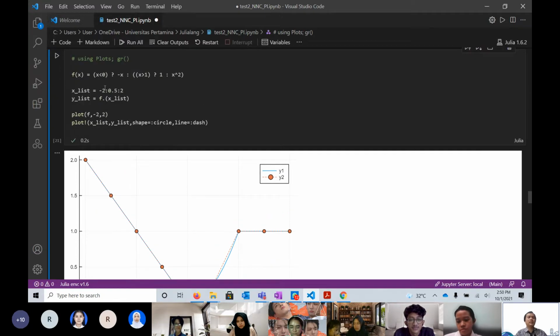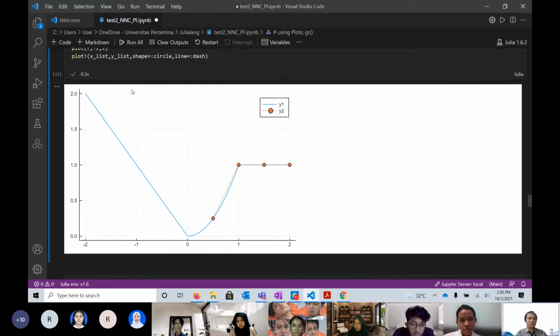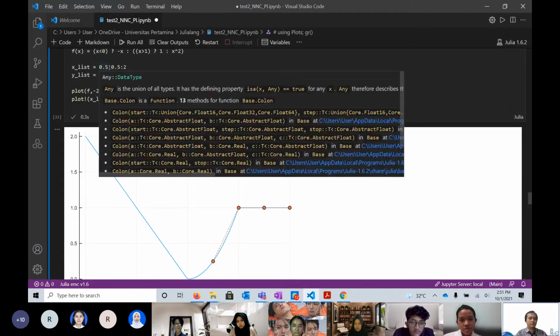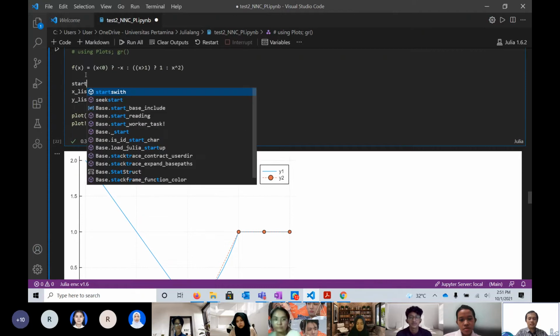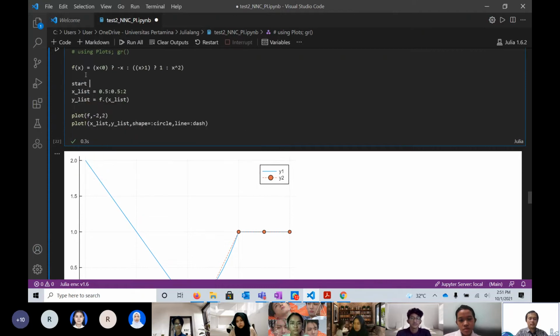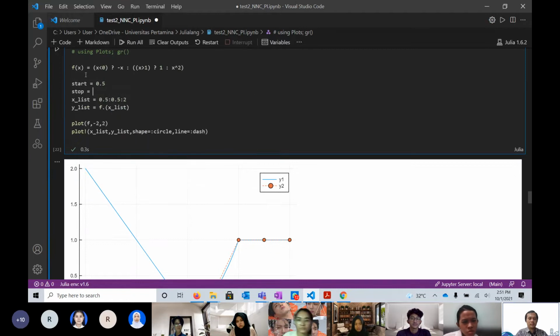But if we change the interval, let's say we plot only from 0.5 up to 2, you will have a different one. The start is 0.5, the stop is 2. So let's change it like this. Start.